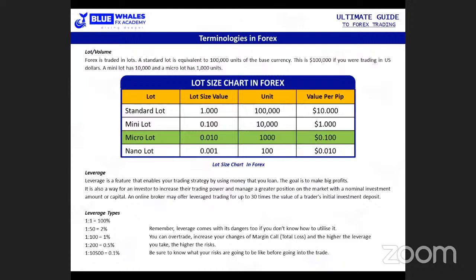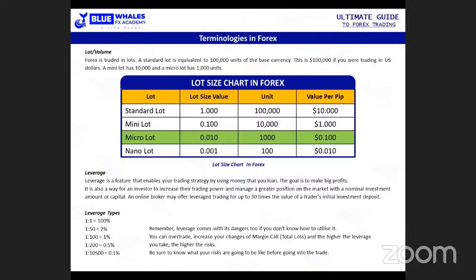A mini lot has 10,000 units of the base currency, and the micro lot has 1,000 units of the base currency. And there's another one, which is a nano lot, which has just 100 units of the base currency.